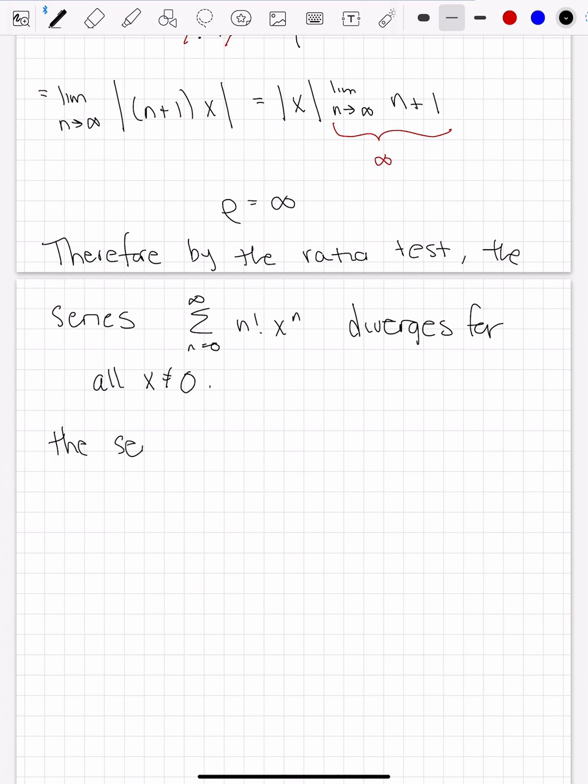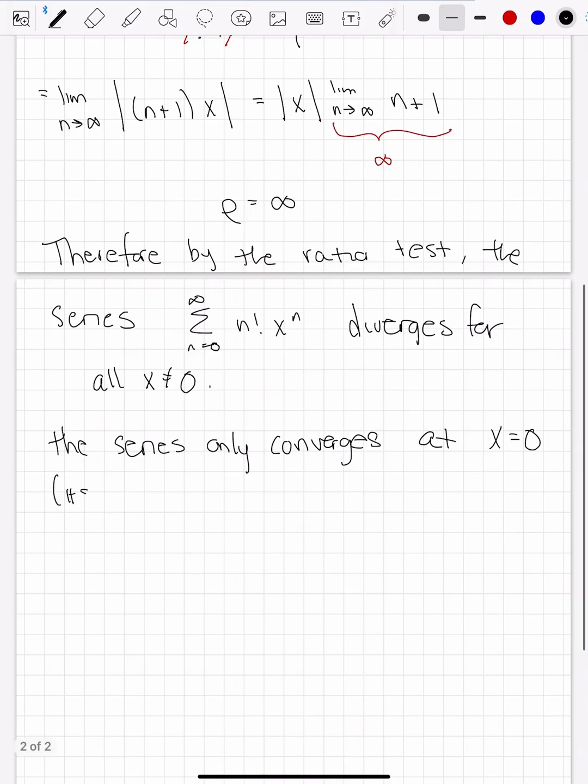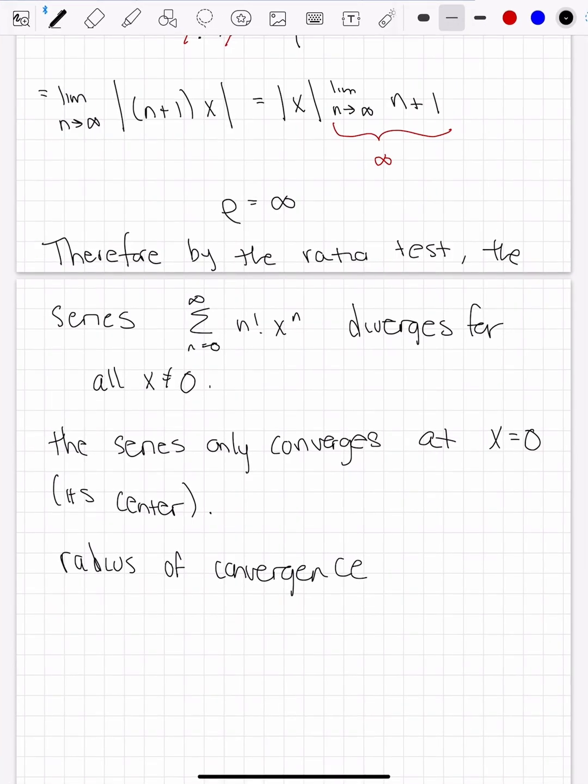So the series only converges at x equals 0, its center. So the radius of convergence, I'm moving from the center, that's the only place where it's going to converge.